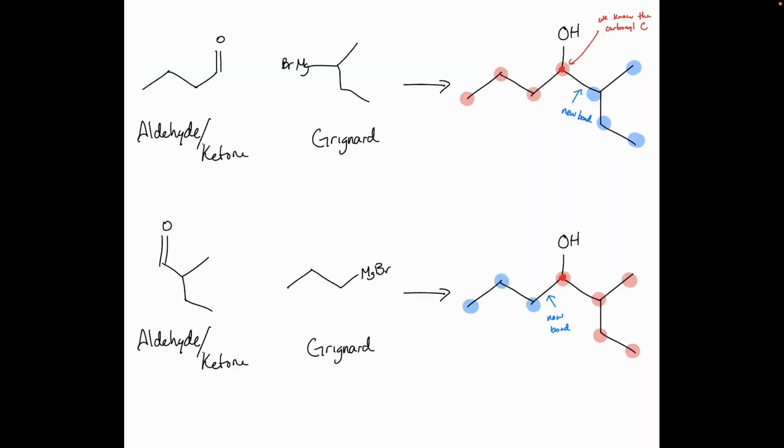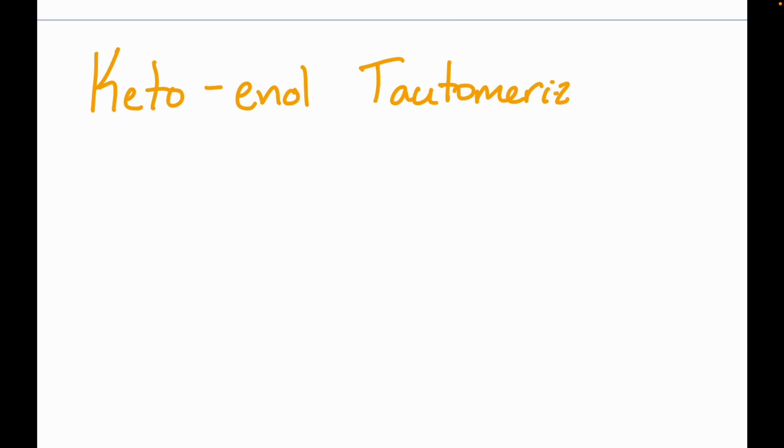All right, so first thing we're going to learn about here, new stuff, is that aldehydes and ketones are always undergoing this equilibrium called tautomerization.